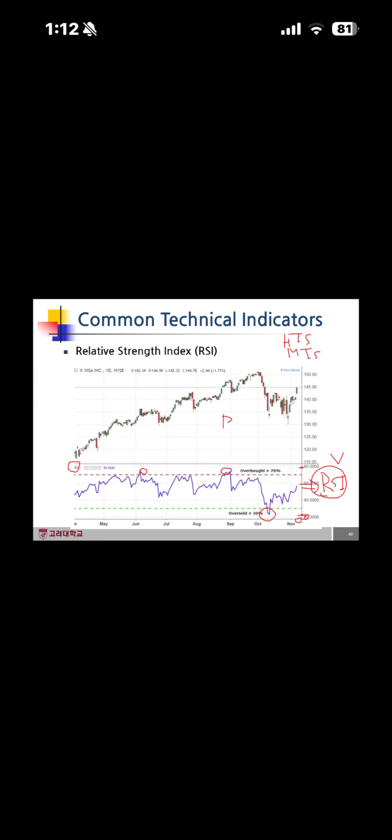As I mentioned several times, just like other technical indicators, these signals are used together with other tools rather than as a standalone trading rule.